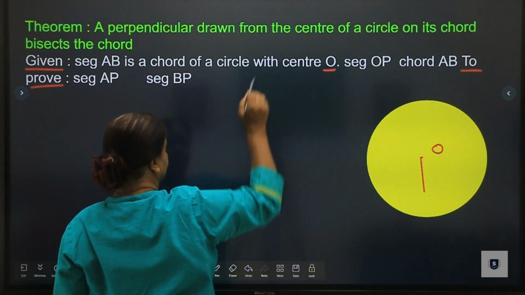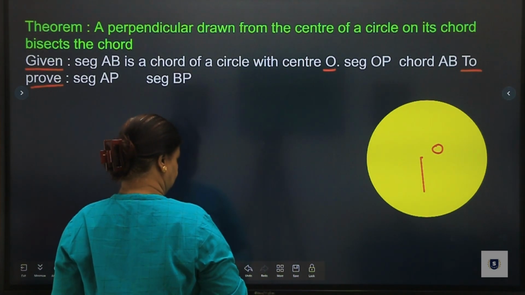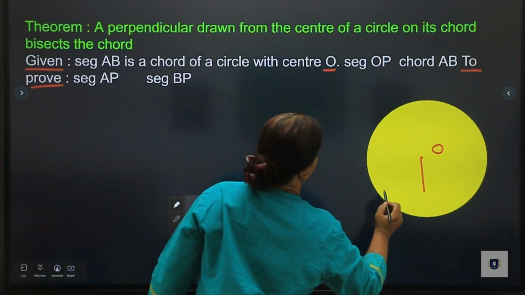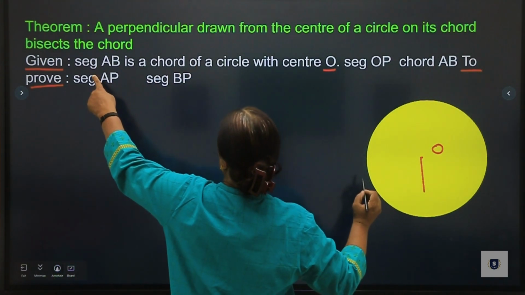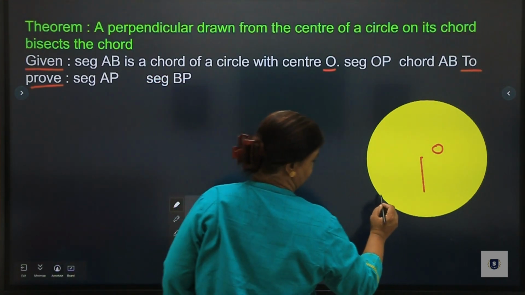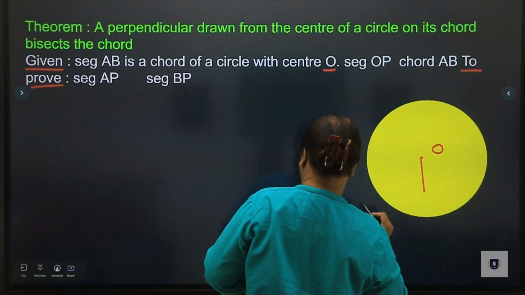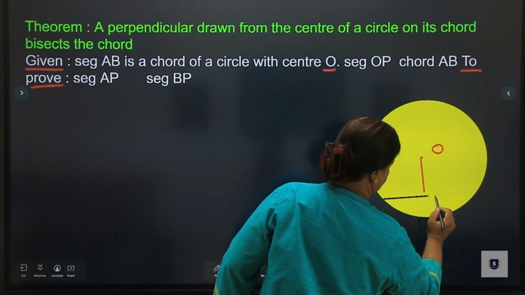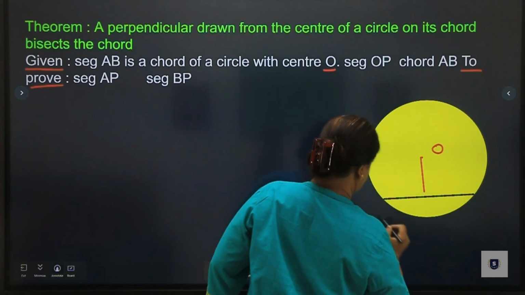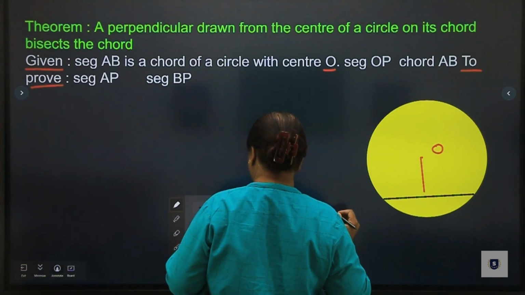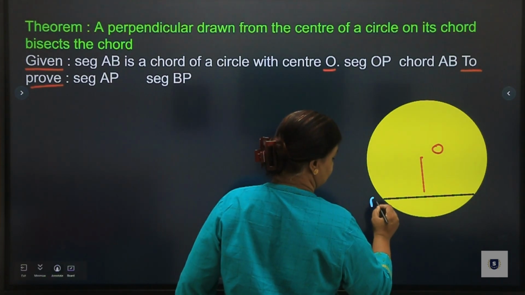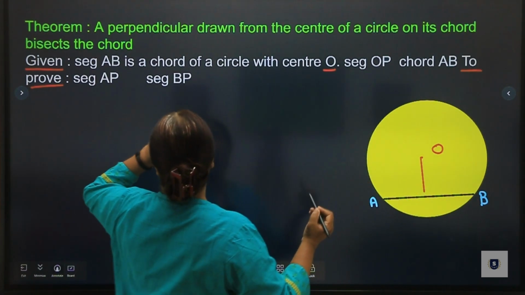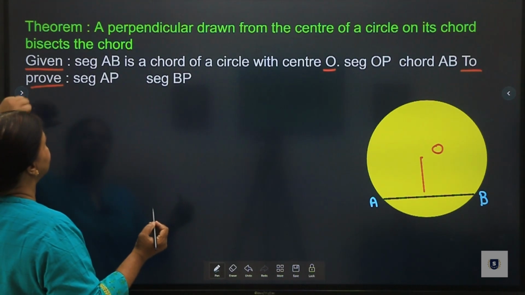On its chord, say segment AB is a chord. Label it as AB. AB is a chord, so this is to be written. For this marks are there.